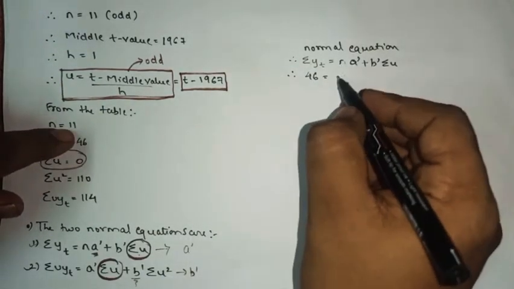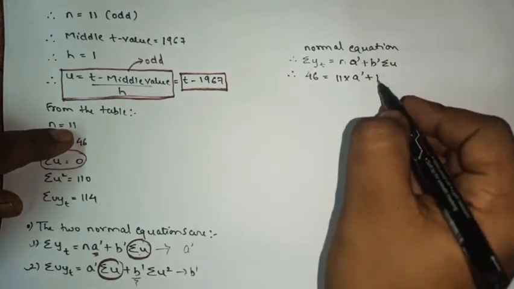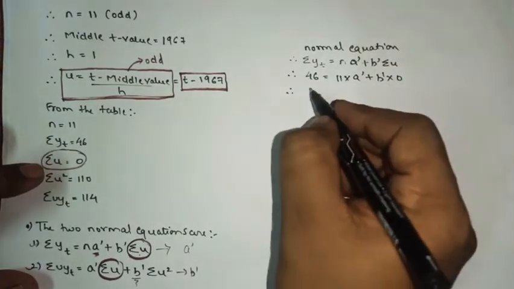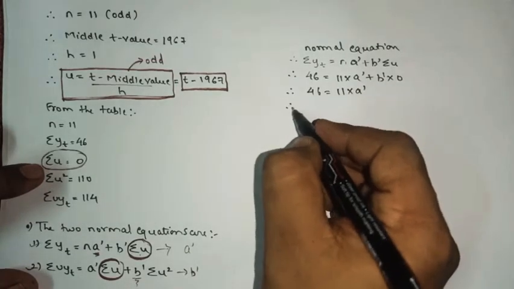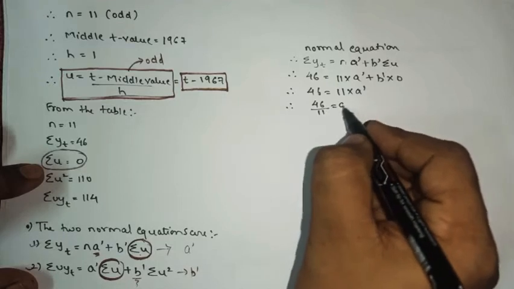N is 11. A dash we have to find, b dash we have to find, total of u is 0. Therefore 46 equals 11 into a dash, and this is 0. So we can say 46 upon 11 equals a dash.